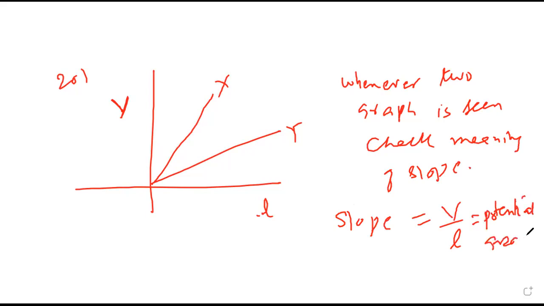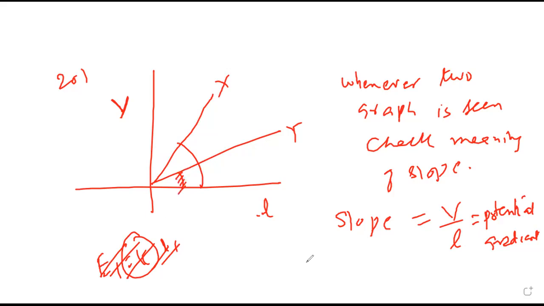Now they are asking which one you will prefer for comparing EMF of two cells, X or Y. For comparing, we require E1 is K L1. We require K. So which will we prefer and why? That is what the question is. Whose potential gradient is small, Y or X? Which is small? Why? Because the angle is small.